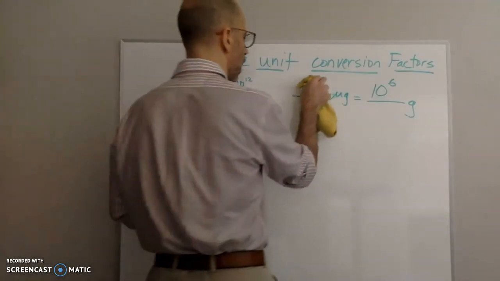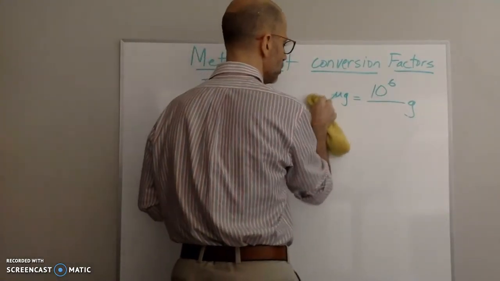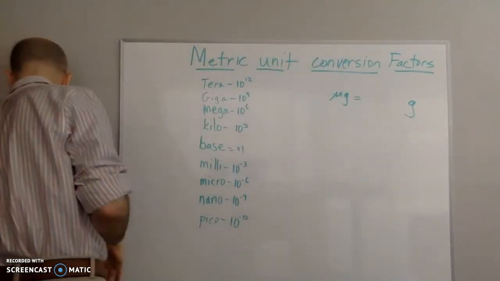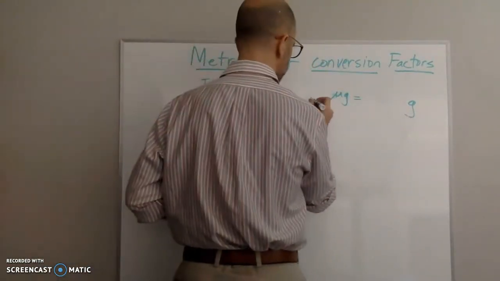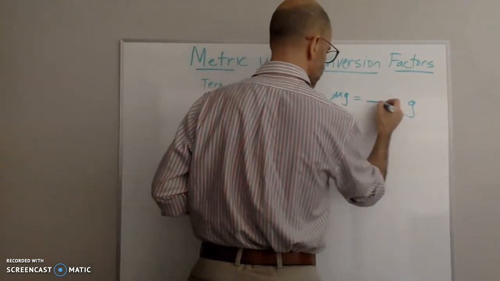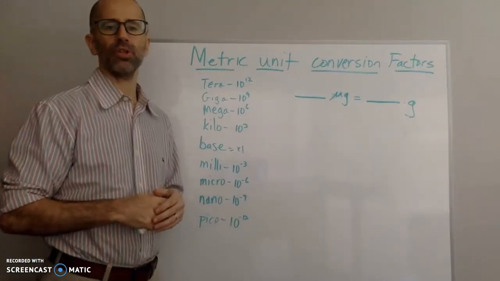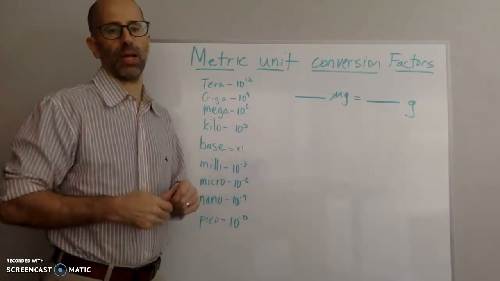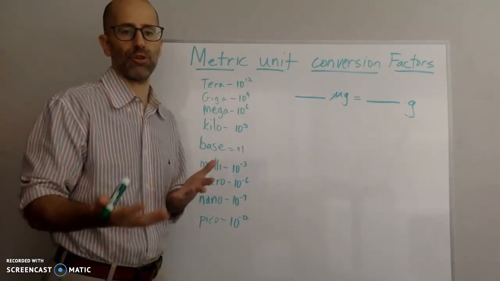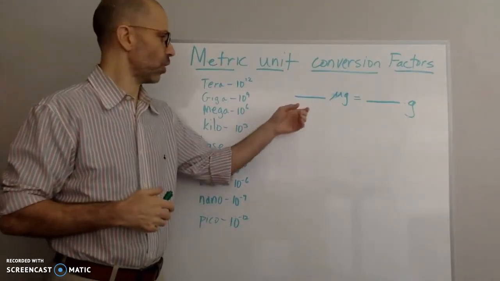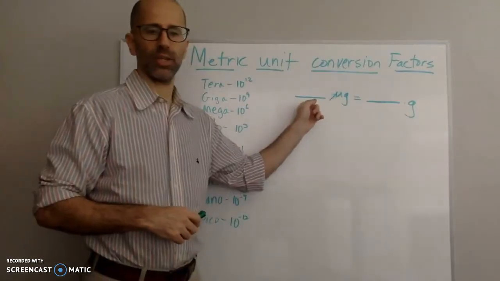But let me show you a way you can do this. Let's say, for example, what if you can't put the 1 with the prefix? Maybe it's a problem that they gave you where you can't just put the 1 with the prefix.